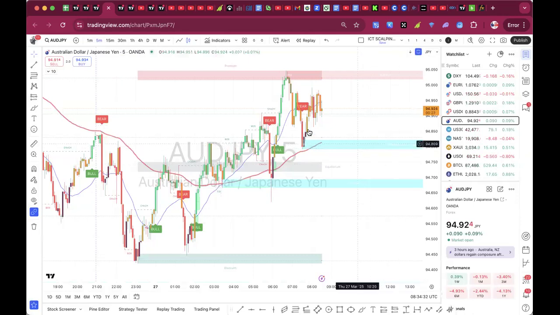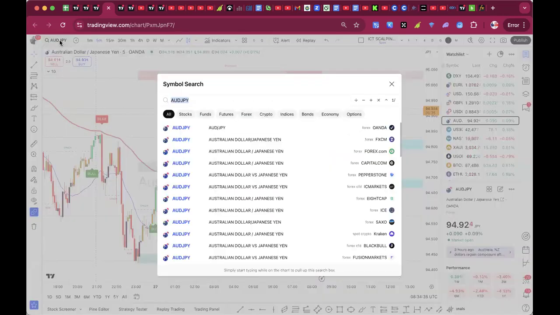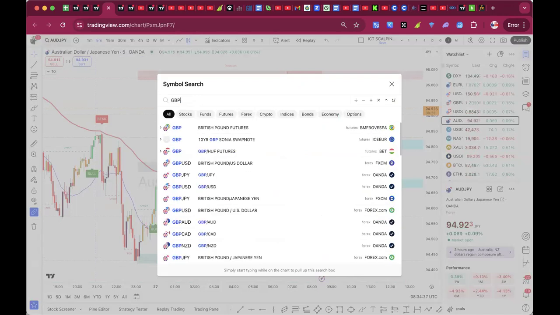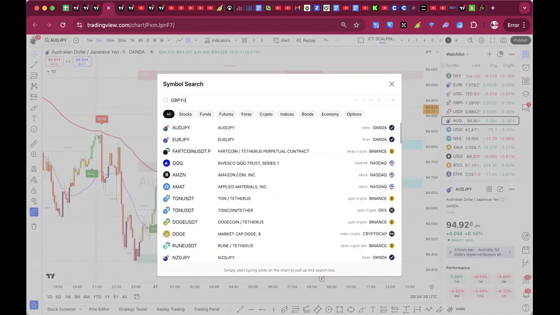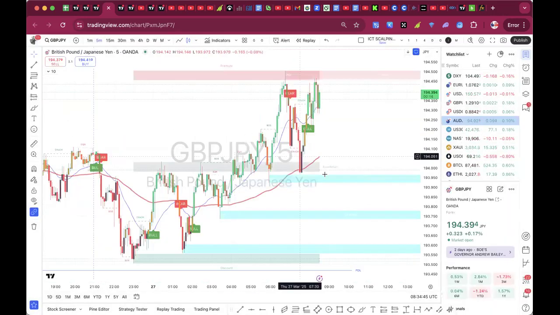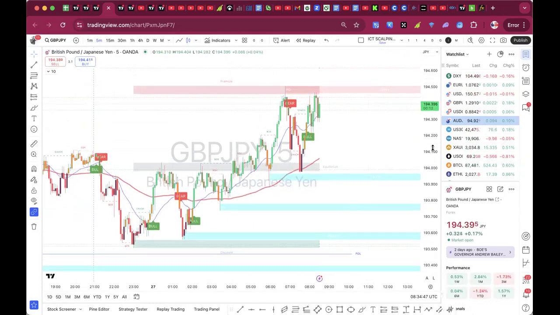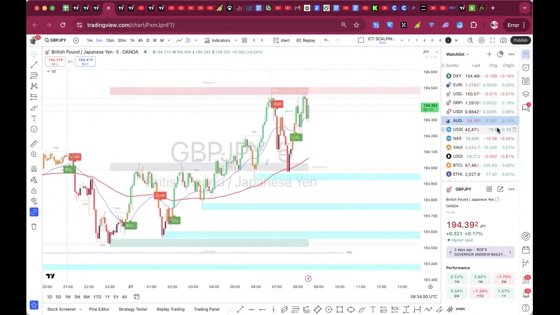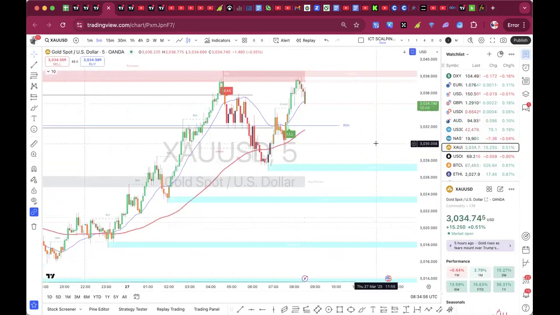Was that actually what I wanted? Or GBP JPY. When you start trading, you must find a currency that you can easily align with. So AUD is okay for me. Or gold. Oh, so gold would have been okay. Okay, so let's look at gold, for instance.